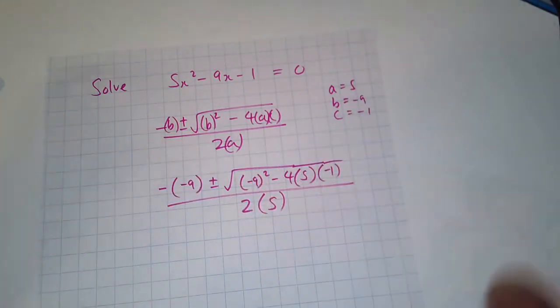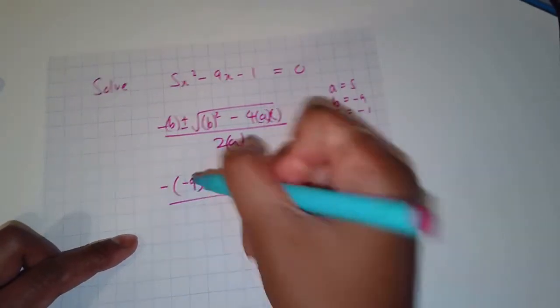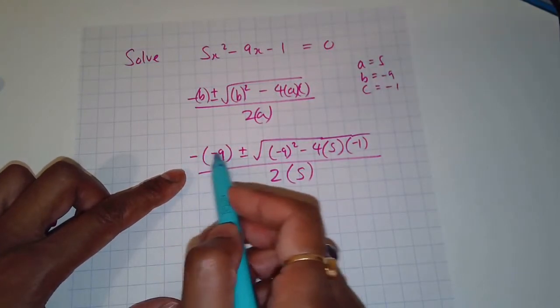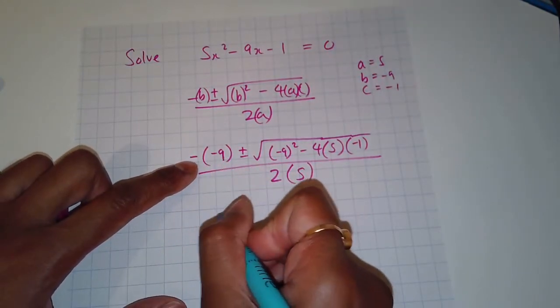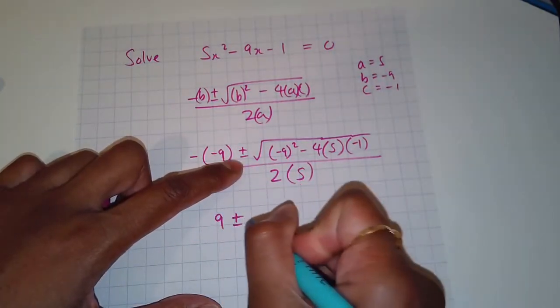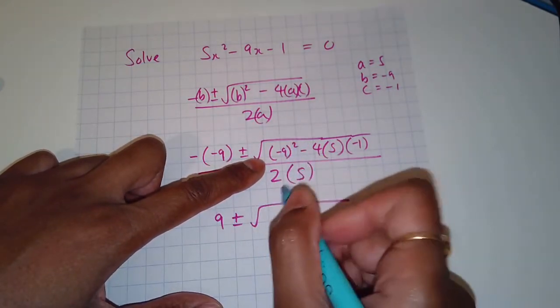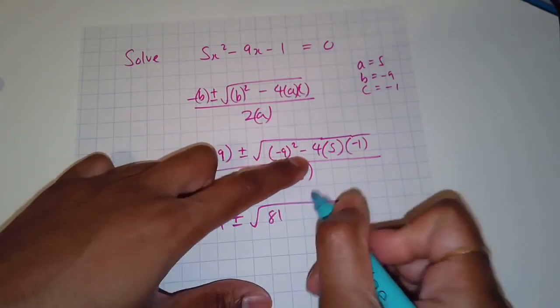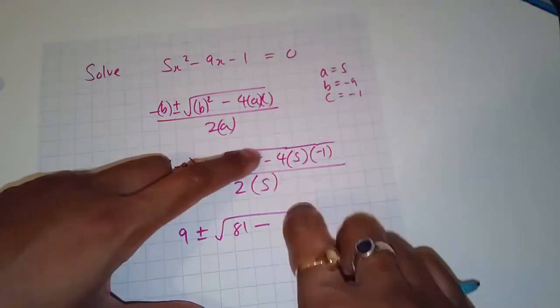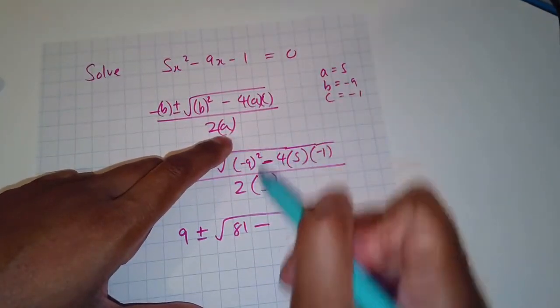Well, 2 times 5 you just know is 10. Right, let's take this further. 2 negatives make a positive there, so that would be just positive 9 plus and minus. Negative 9 squared, negative 9 times negative 9, it's just 81. Got minus there.